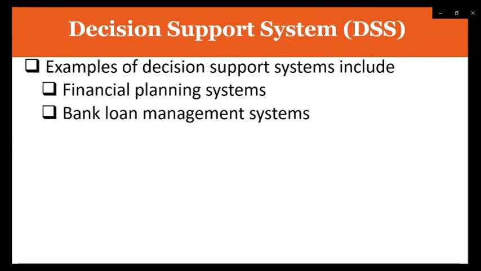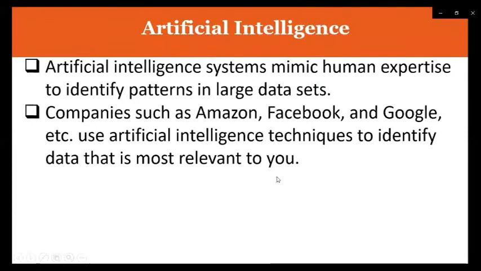And then the next one, artificial intelligence system. It mimics human expertise to identify patterns in a large data set. So companies such as Amazon, Facebook, and Google use artificial intelligence techniques to identify data that is most relevant to you.